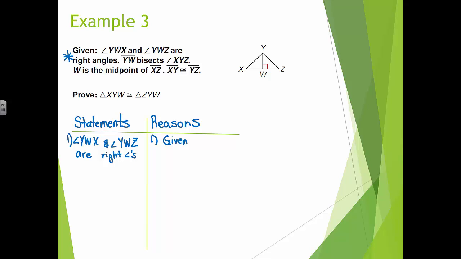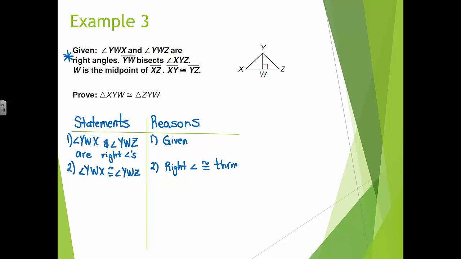Because they're both right angles, by the right angle congruence theorem, we can say that angle YWX is congruent to angle YWZ. Okay, so that's one pair of congruent angles.